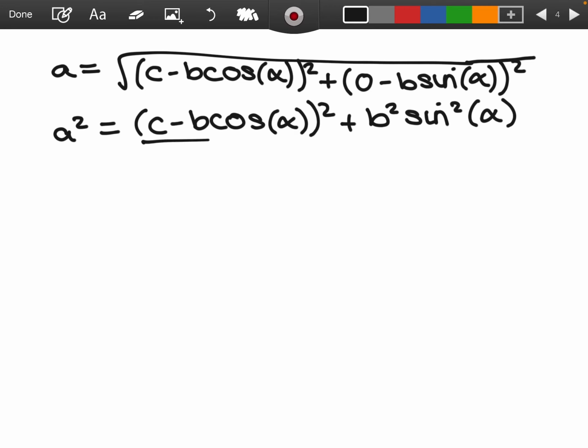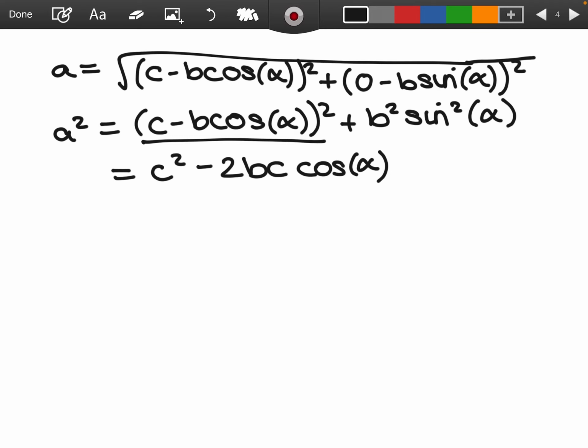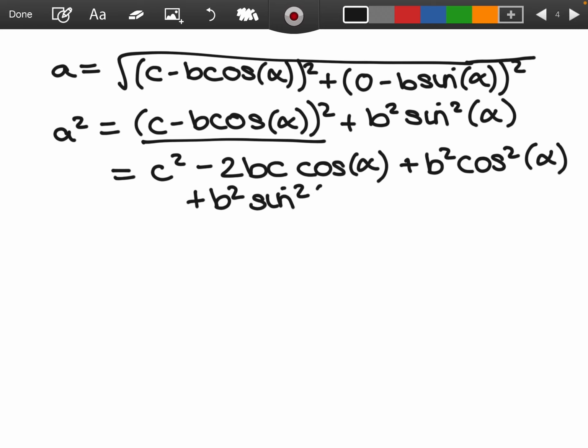I can already simplify that part. Now I've got to multiply this out. That's going to give me c squared minus 2bc cosine alpha plus b squared cosine squared alpha, and then I've still got that b squared sine squared alpha.